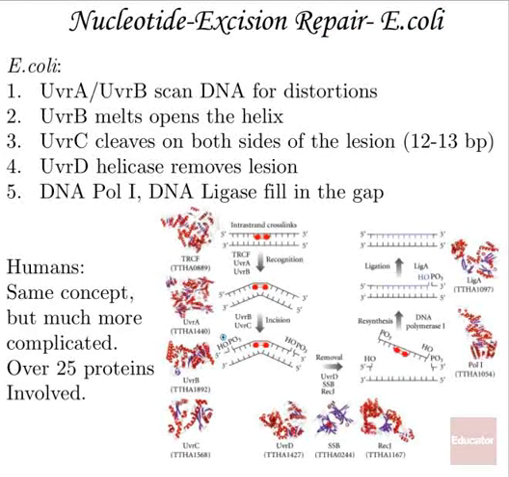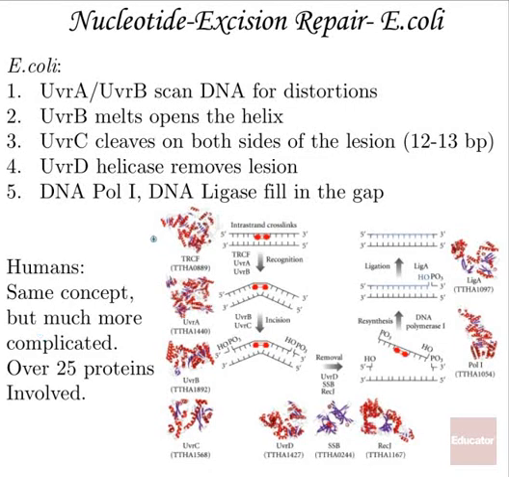Now, let's talk about nucleotide excision repair, and we'll talk about it in E. coli first, because the mammalian version, while it's very similar, is much more complex and has 25 or more proteins involved. So same concept, just a lot more complicated. So let's talk about E. coli. First thing that happens, UvrA and UvrB proteins scan the DNA for distortions.